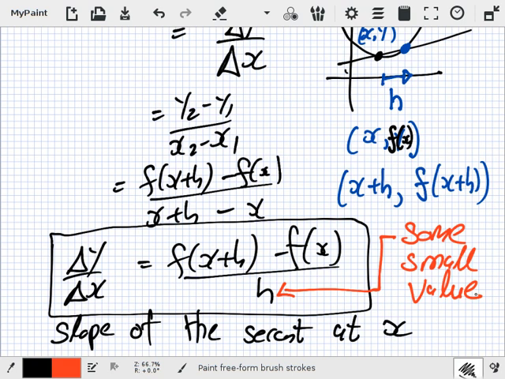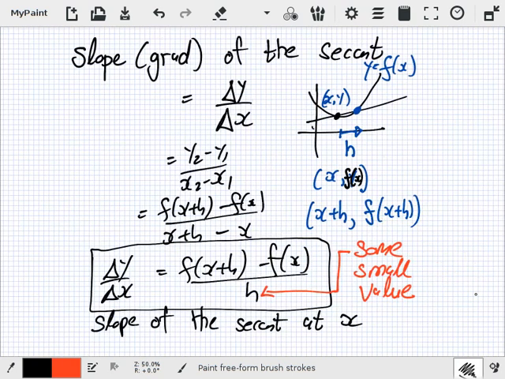Okay. Shall we scroll down, or do you need a minute? Does this formula look familiar to anybody? Isn't it similar to the formula of the derivative?